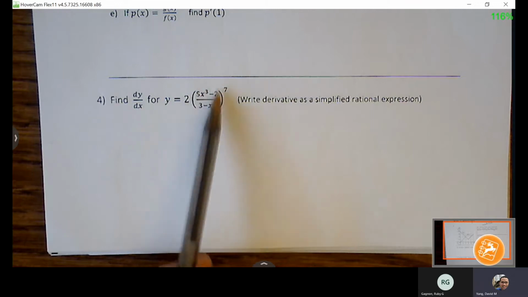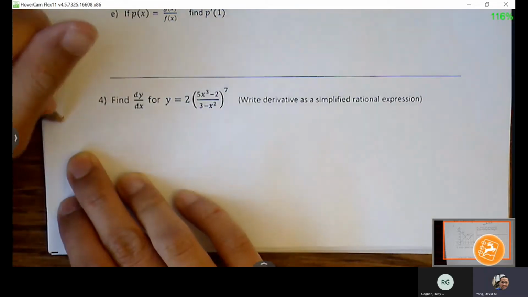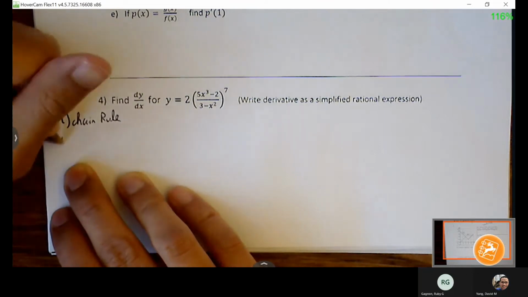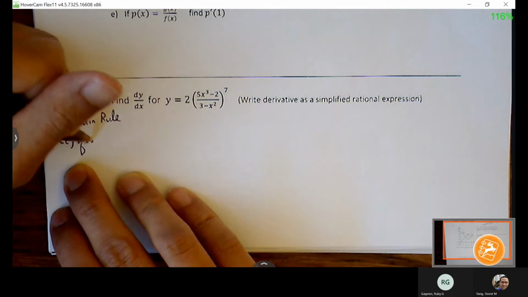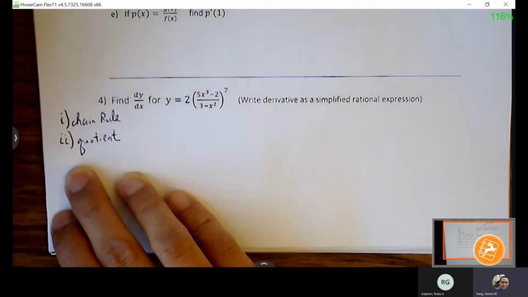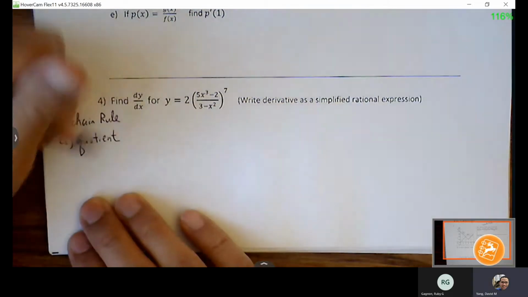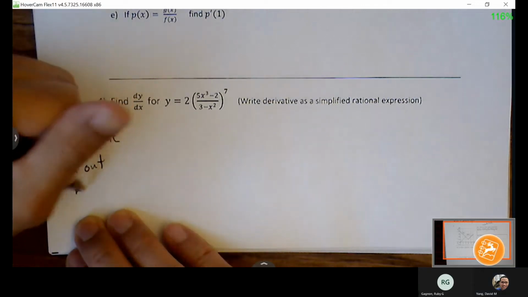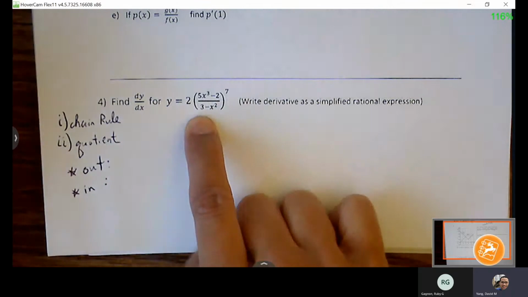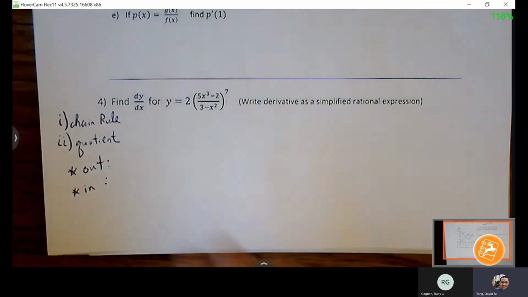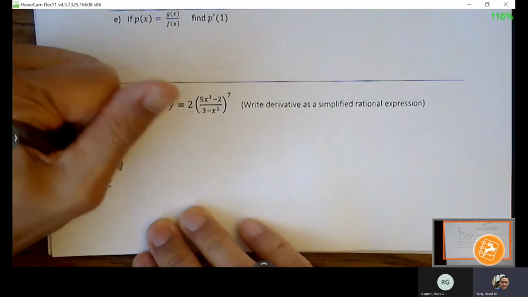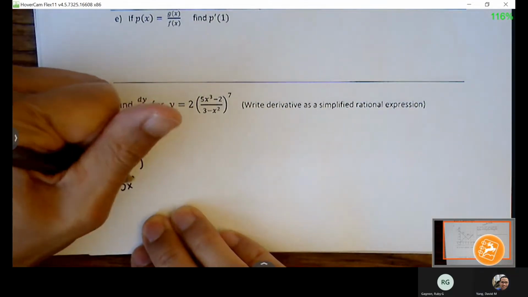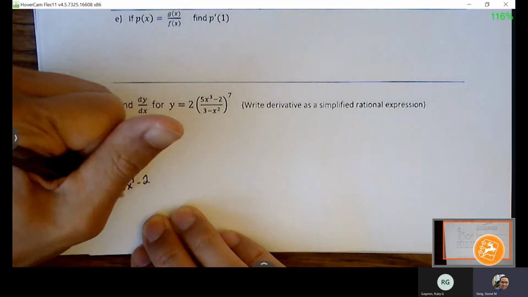Quotient rule will follow after. Okay, so for chain rule, we have to identify outside and inside. Outside is the parentheses and everything else that you see outside the parentheses. Inside is what's inside the parentheses.